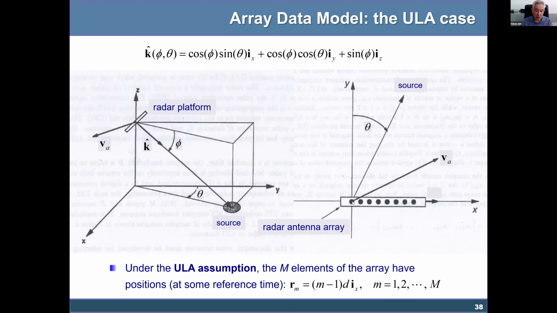In the origin, we have the reference signal, the reference sensor, and then at distance d, we have all the other sensors. So the position vector is m minus 1 d, where d is the distance between adjacent sensors that multiplies the versor ix. And this is true for m that goes from 1 to capital M.